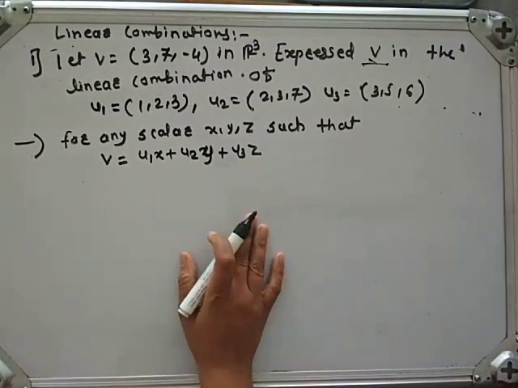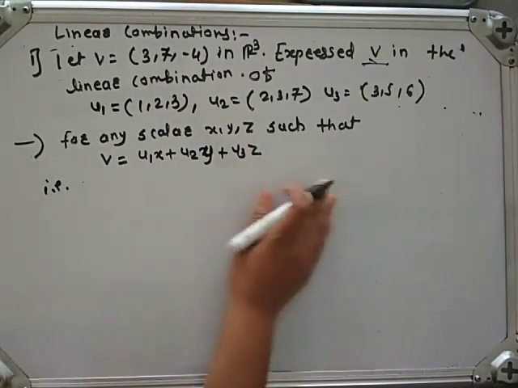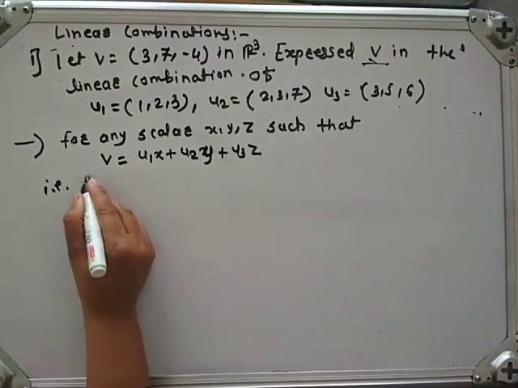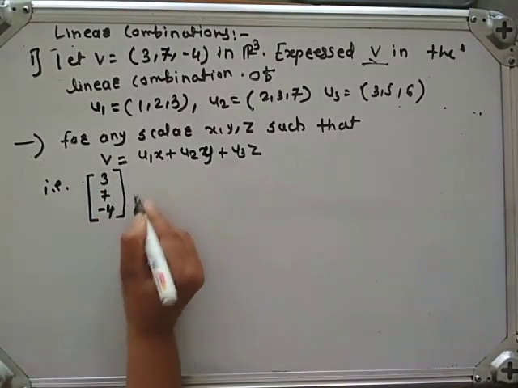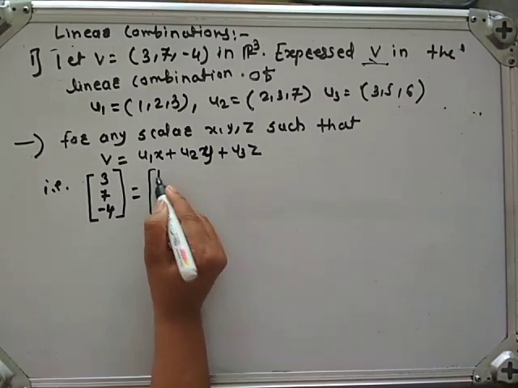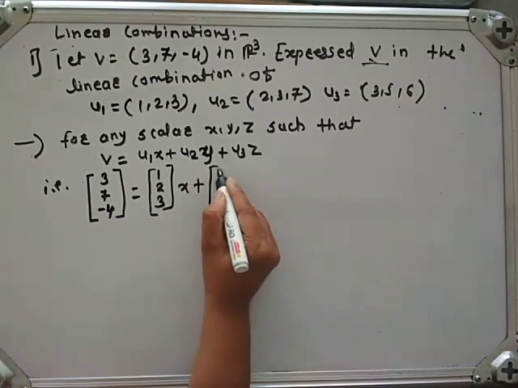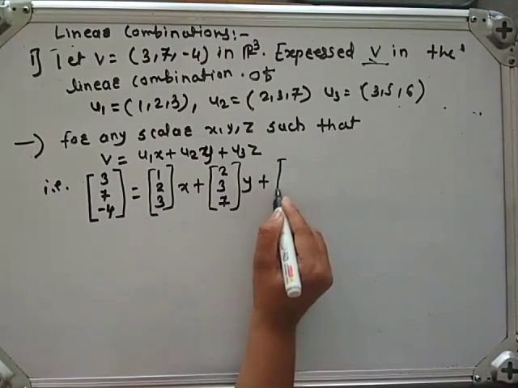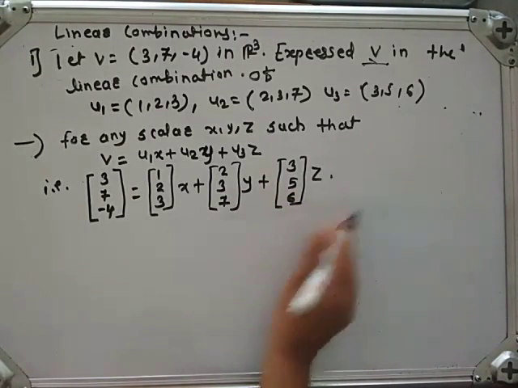Go by definition of linear combination. Put the values of these vectors u1, u2, u3. What we get? V is nothing but 3, 7, minus 4, which is equal to u1 is nothing but vector 1, 2, 3 into x plus u2 is nothing but 2, 3, 7 into y plus u3 is nothing but 3, 5, 6 into z.